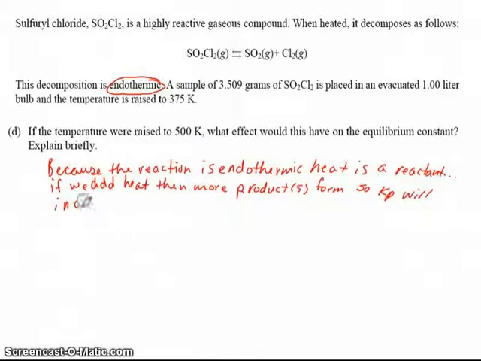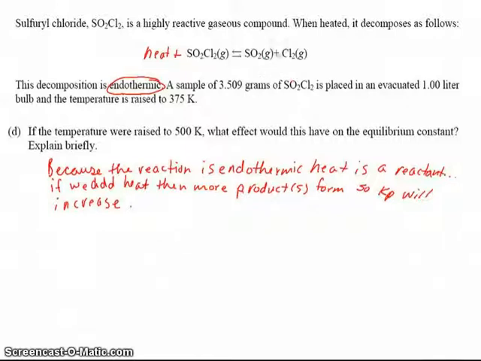So essentially we're just applying Le Chatelier's principle. If we think of heat as a reactant, we add more heat, moving up to 500 from 375. Then if this goes up, the products go up to relieve the stress in the system.